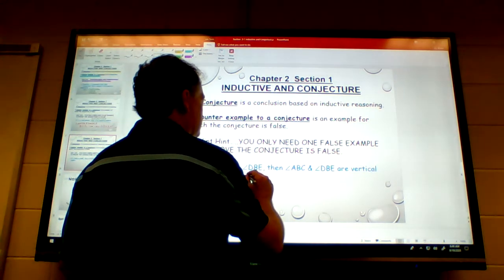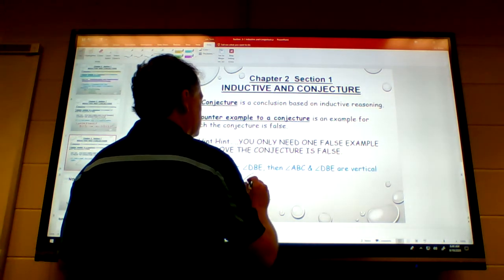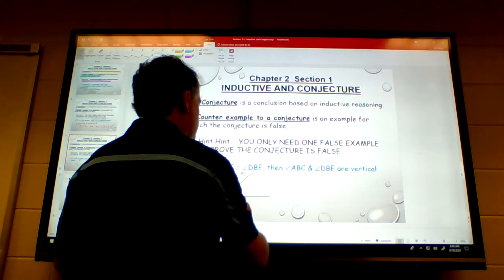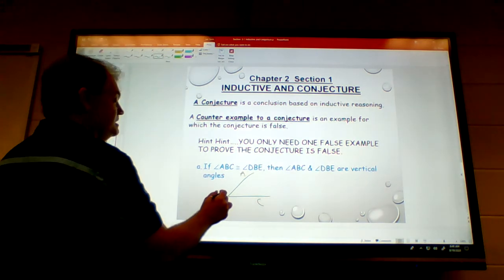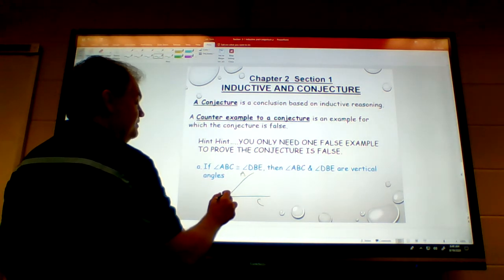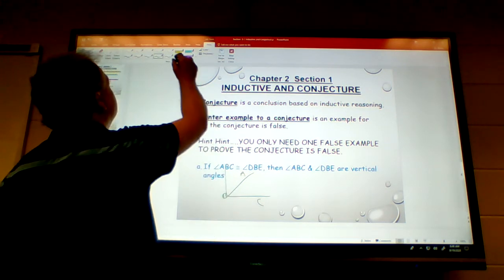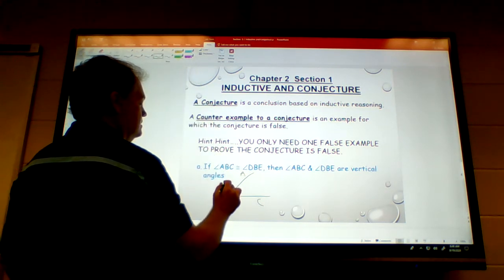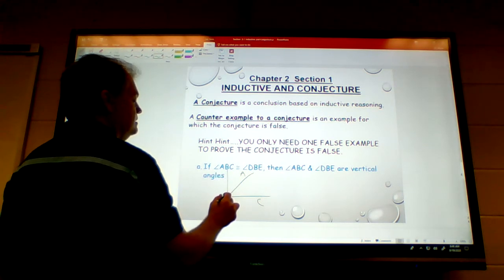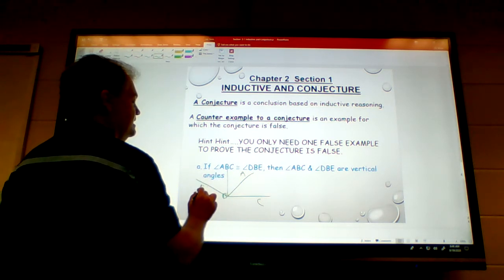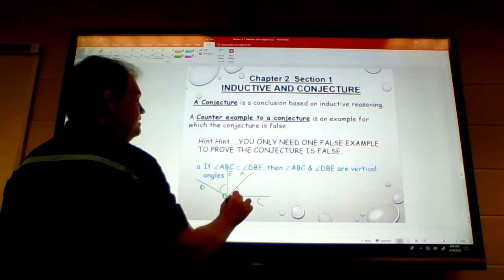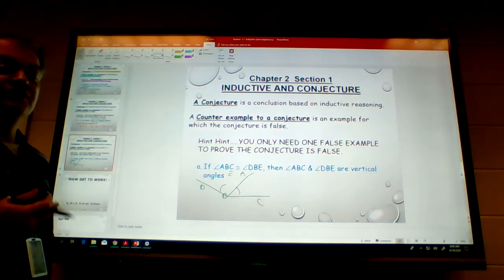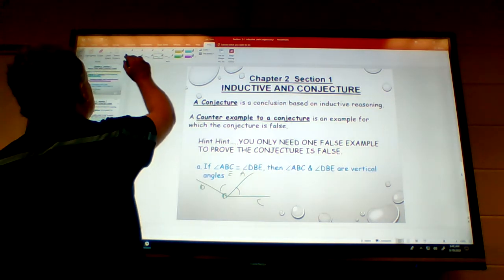All I need, A, B, C, and I can draw it such that they both have the same vertex, which would be point B. So I'm going to draw it from right there to right there. We'll say that's point D and that's point E. You see, both angles are congruent, but they're not vertical. Remember, this is what it would look like if they were vertical.